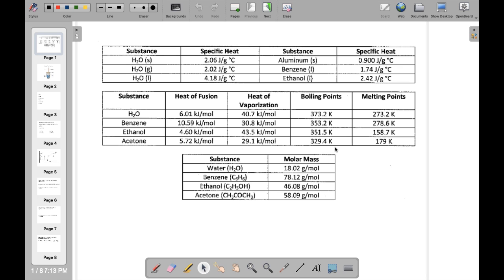Thermochemistry, in my opinion, can be simple but also confusing. I think it can be simple because if you memorize a few equations and you can rearrange those equations, you can get the answers you need. But it can be confusing because the terminology is difficult to grasp. It's sort of abstract.